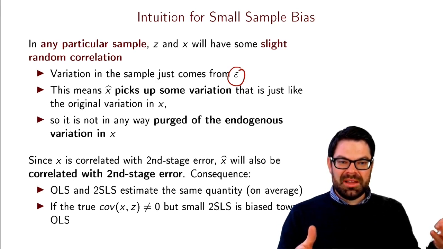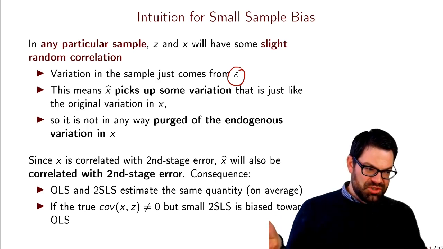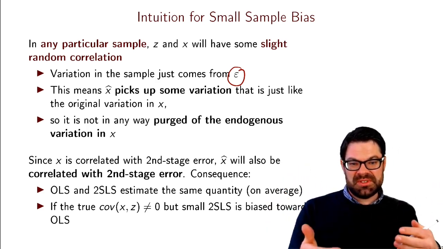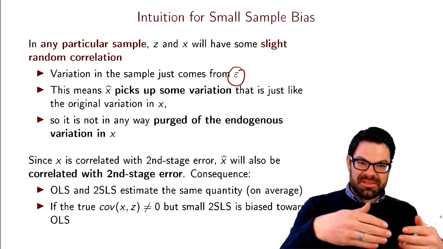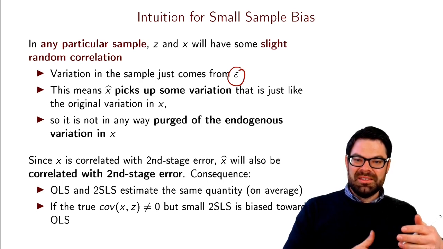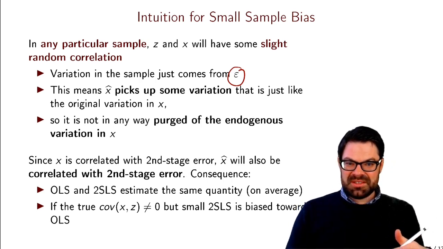And so if you are in this world where you have no first stage in the population, but in your sample you do have a first stage because of sampling variation, that sampling variation does not purge the endogenous variation from the regressor of interest.